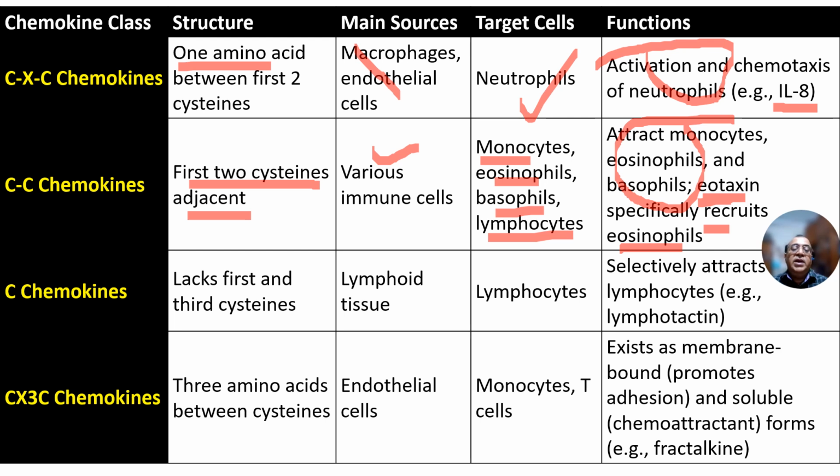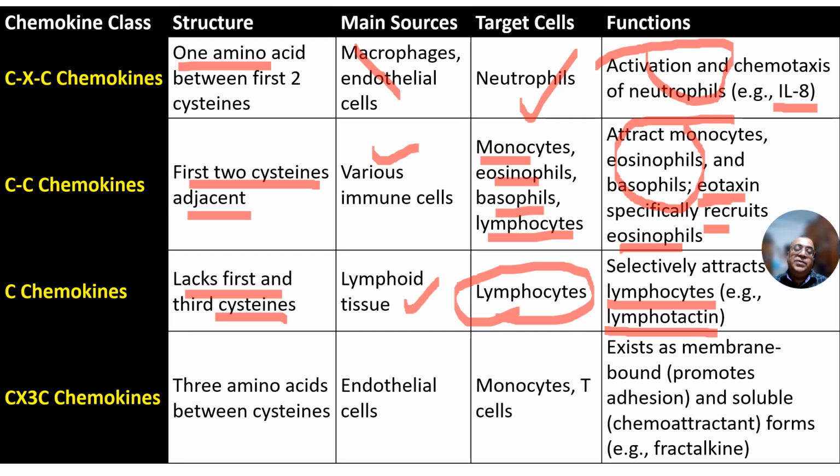Then C chemokines lack first and third cysteine, and they are made from lymphoid tissue, and the target cells are lymphocytes. They selectively attract lymphocytes, and an example is lymphotactin.